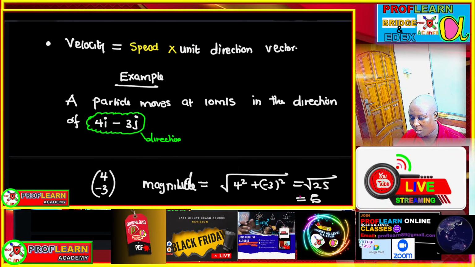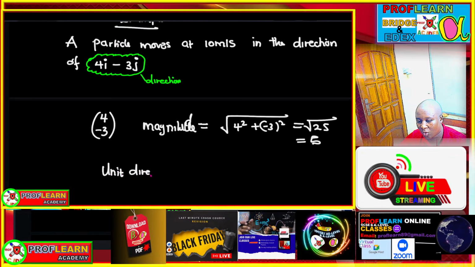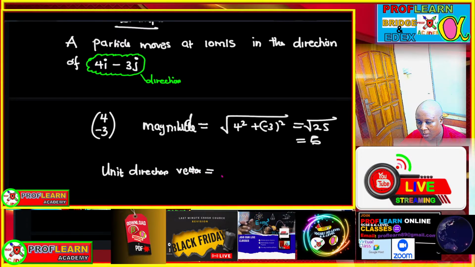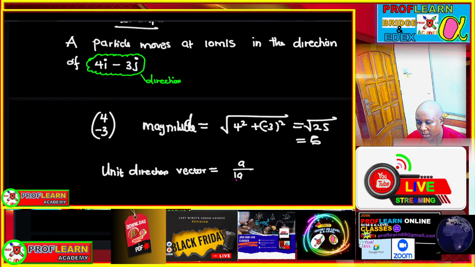So the magnitude is 5, meaning that the unit direction vector is going to be written as 1 over 5 times the vector. We can just write it like that, that's the formula, of course.